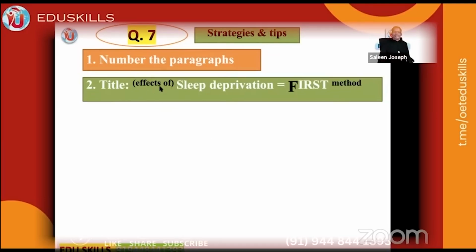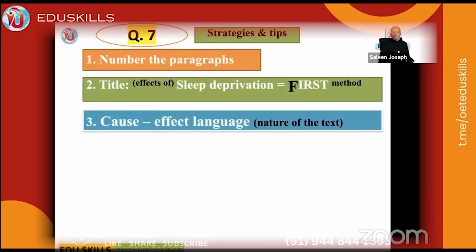Then the title, effects of sleep deprivation. As soon as you see the title, you can foresee that it is going to speak about what happens if you deprive yourself of proper sleep.